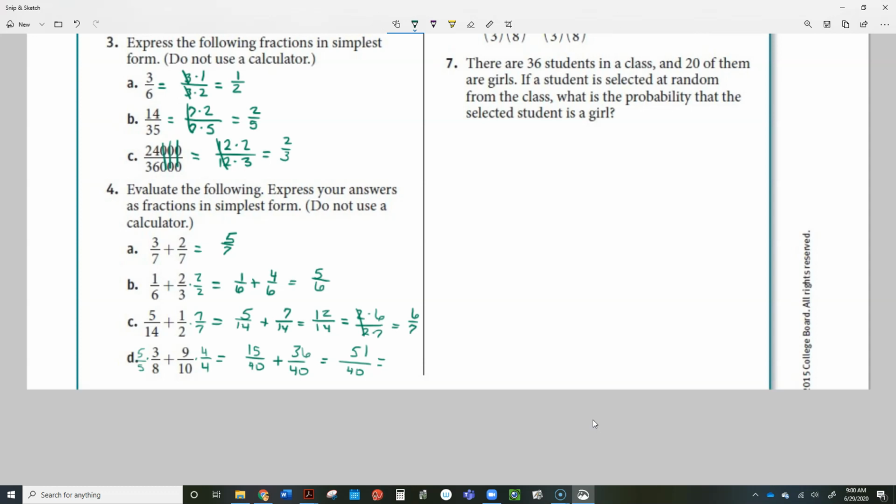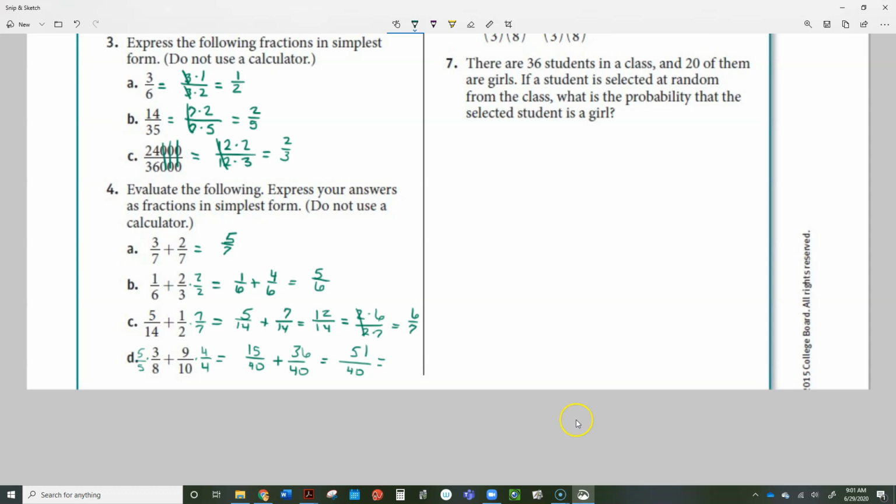You can, but I think 51 is a prime number. If it's not a prime number, it's not even, so it's not going to be divisible by 2. And 40 is just several different multiples of 2. It's got a 5. Yeah, so I'm thinking that this is the reduced form.